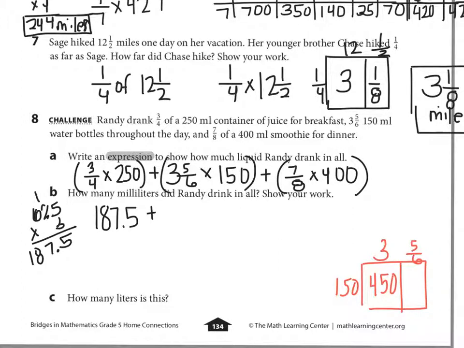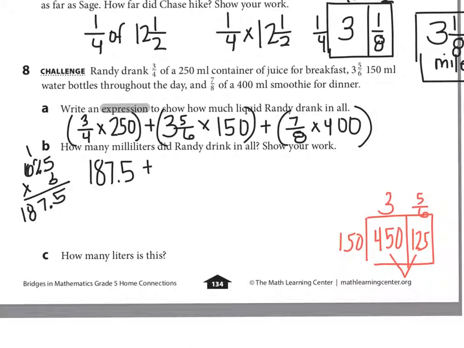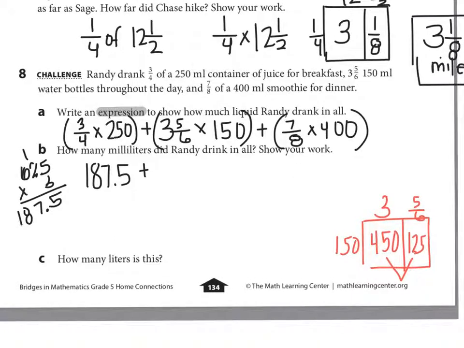And 150 divided by 6 is 25. And 25 times 5 is 125. So 125. Add these two partial products up. 450 plus 125 is 575. So that's my next amount of milliliters he drank, 575 milliliters.